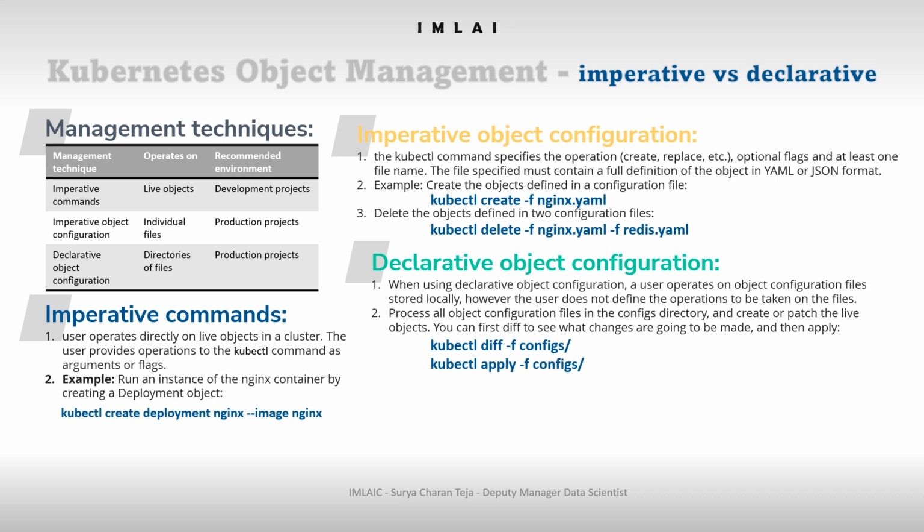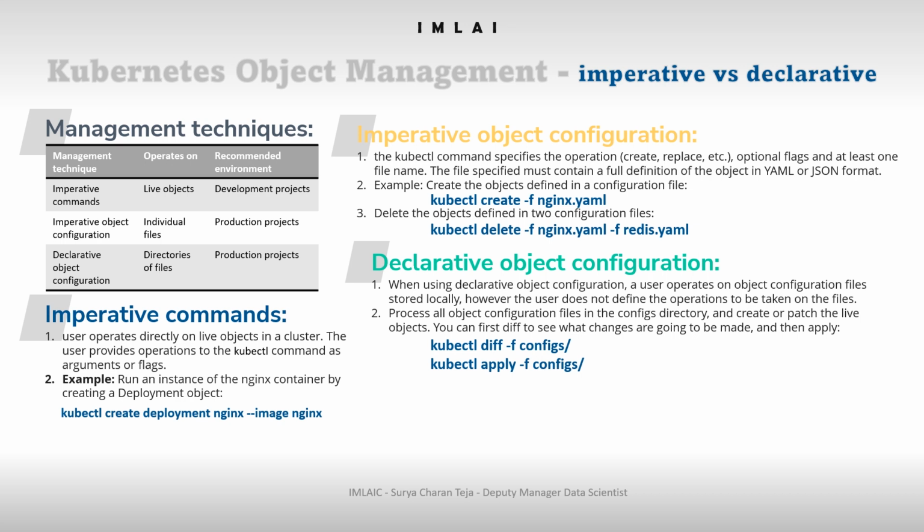So to process all object configuration files in the config directory and create or patch the live objects, you can first diff to see what changes are going to be made, and then you can apply.